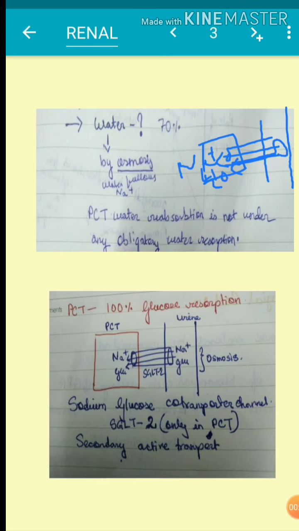So we can also say that 70% of the water is also resorbed in the PCT, as sodium is also resorbed in the PCT. And how much is resorbed? It is 70%.